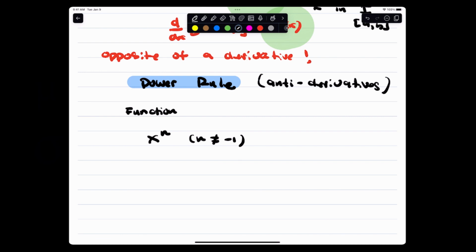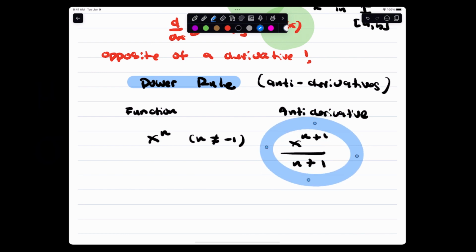And on the right side, I'll give you the antiderivative here: x to the n plus 1 over n plus 1. Now, this is called, by the way, the power rule for antiderivatives.